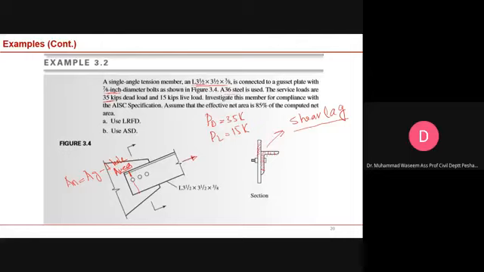Okay. So in this case, you will use the effective area. You will not use this one. So effective area and this area are interrelated. And this U factor is given here. U is 0.85. Okay.